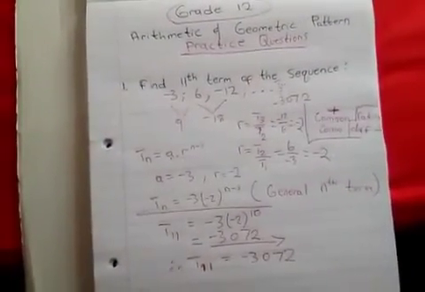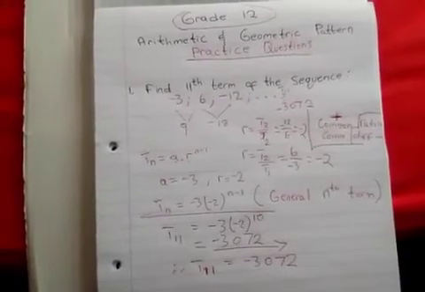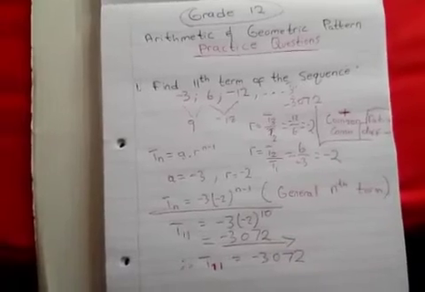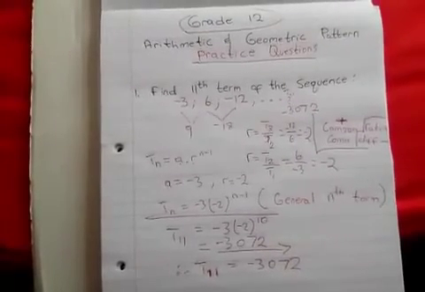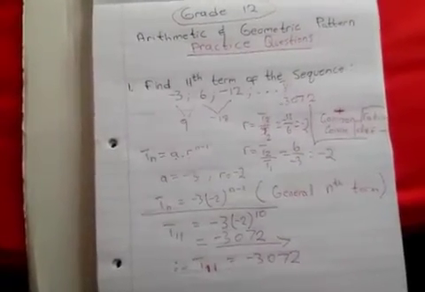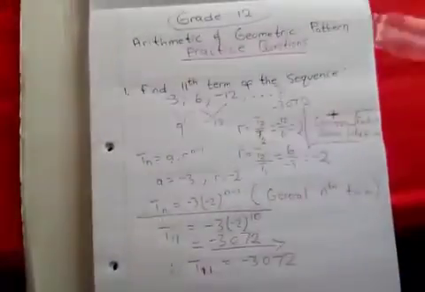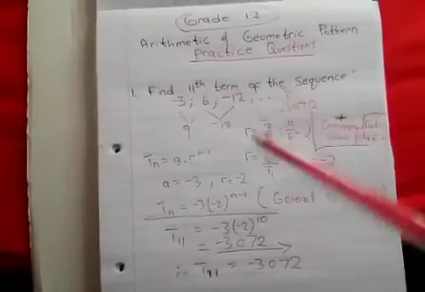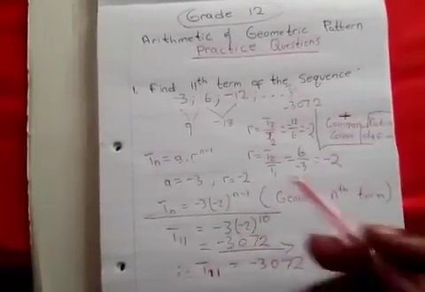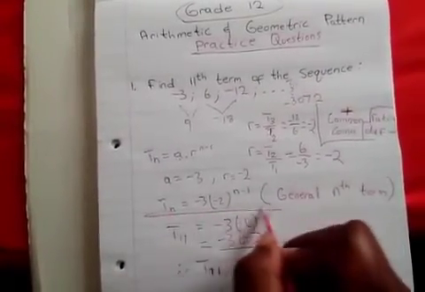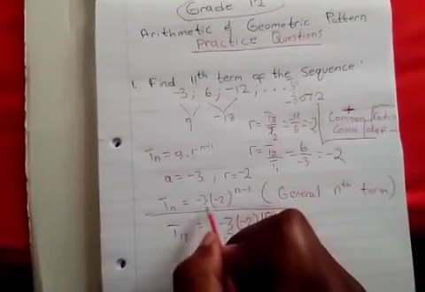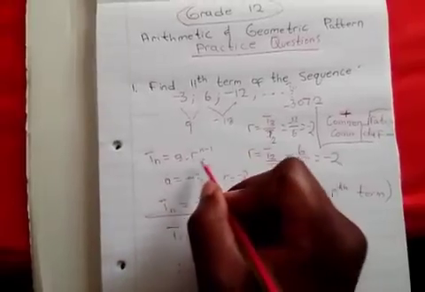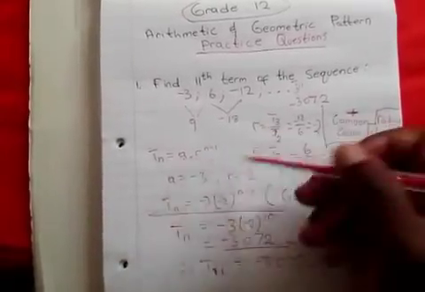So guys, I hope this is very clear to see. Once you practice this, it's going to be very easy, because once they say find the 11th term, you must know the first thing you have to do is come up with the general nth term. To come up with the general nth term, you have to know the value of a and the value of r, then substitute.